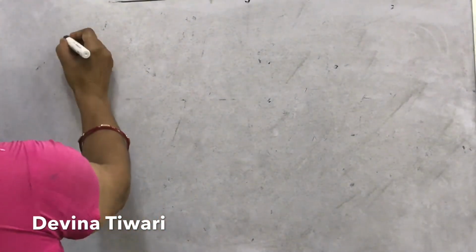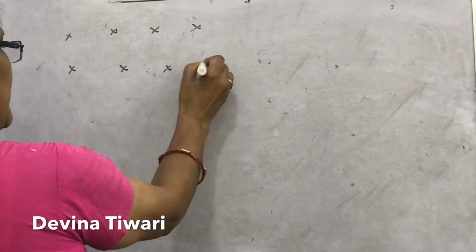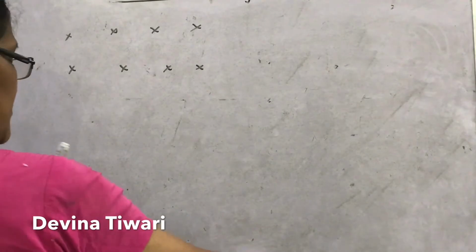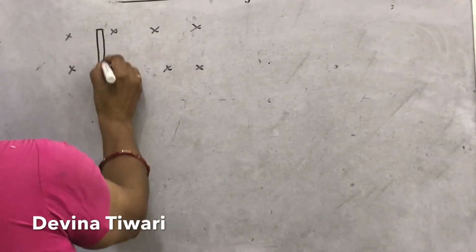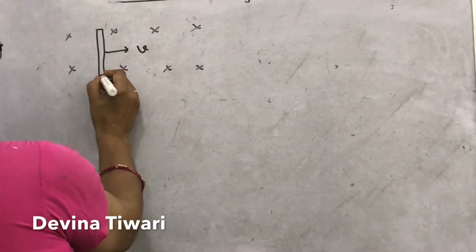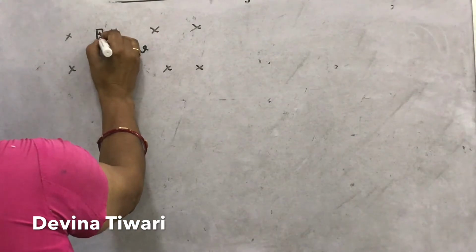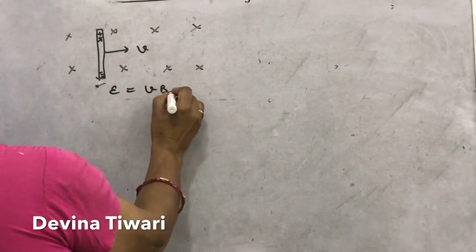Look, suppose in the first example there is a uniform magnetic field, and the rod is moving in this direction. We have seen that this end will become negative and this end will become positive, and the motional EMF will be BVL. Why?